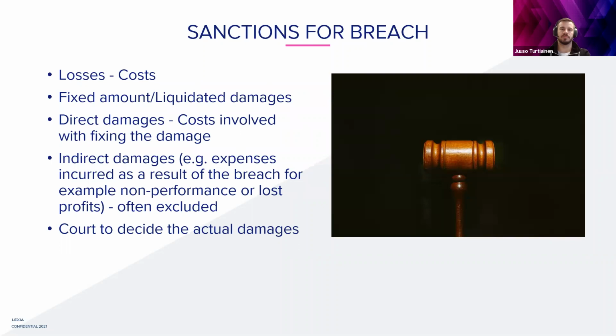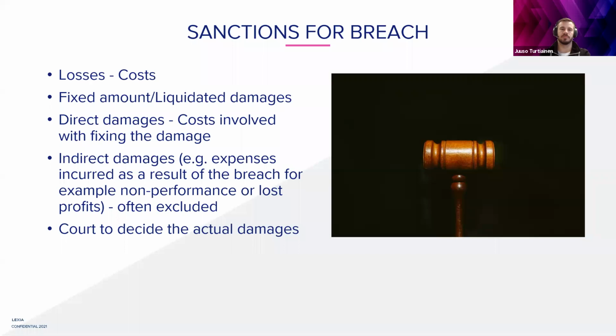Then going on to what happens if the contract is breached for any reason. So what's a sanction that could be utilized? Essentially meaning if the other party breaches the agreement, what do they need to pay in essence to cover any issues that breach might cause? So this is often the losses and costs that are involved, whether direct or indirect.